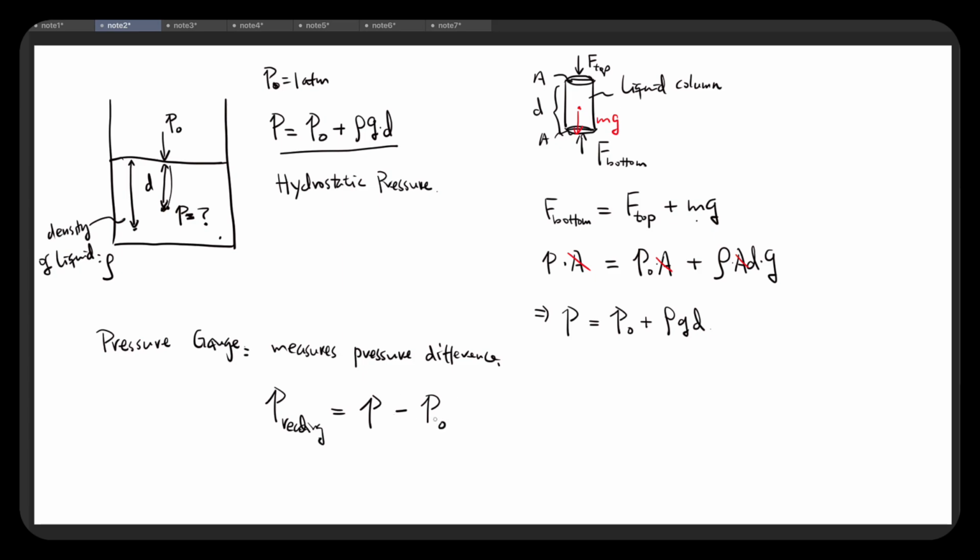So it's actually a difference between the real pressure and the 1 atm pressure. So that's something I want to mention about the pressure gauge.